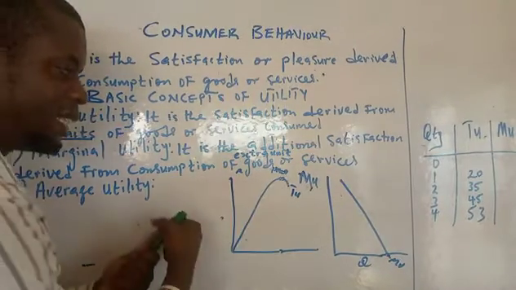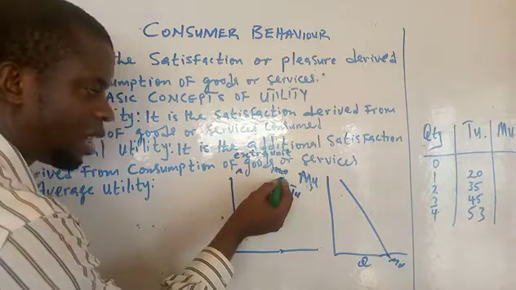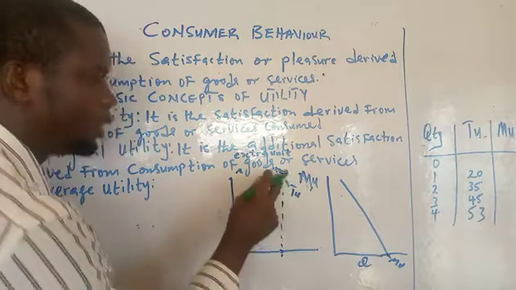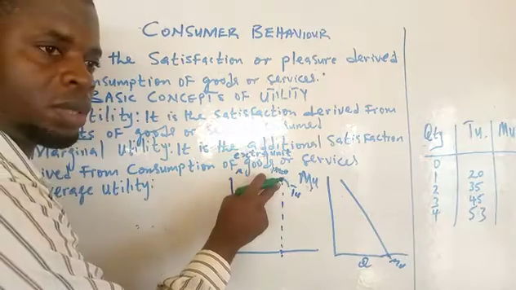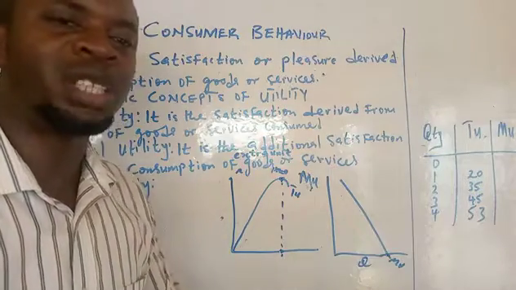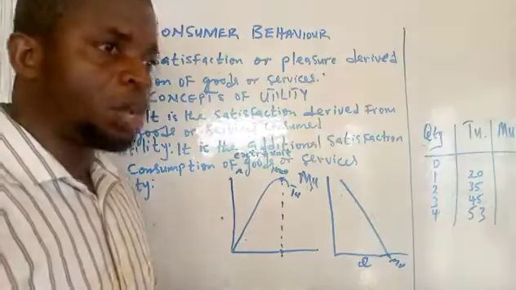When marginal utility becomes 0, at this point, total utility that was increasing will start falling. So this is the saturation point. You are absolutely satisfied. It's like when you are taking water, first sip, second sip, third sip, fourth sip, fifth sip, you are okay.